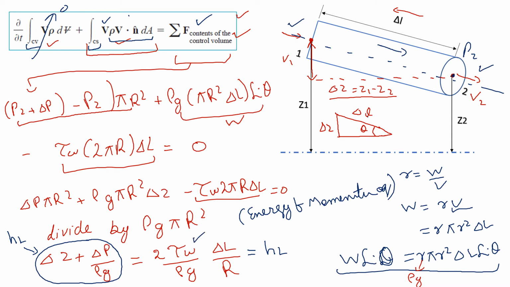Now we will find our shear stress by using the dimensional analysis method. So let's do that. We will say that our shear stress, tau W, is a function of density, velocity, viscosity, the diameter of the pipe, and epsilon.